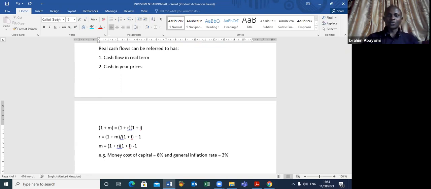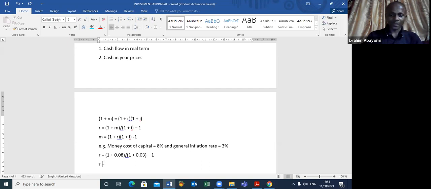And the question asks you to convert this money cost of capital to real cost of capital. I will simply say that my real cost of capital is equal to (1 plus 0.08), sorry, close bracket, all over (1 plus 0.03), close bracket, everything minus 1.